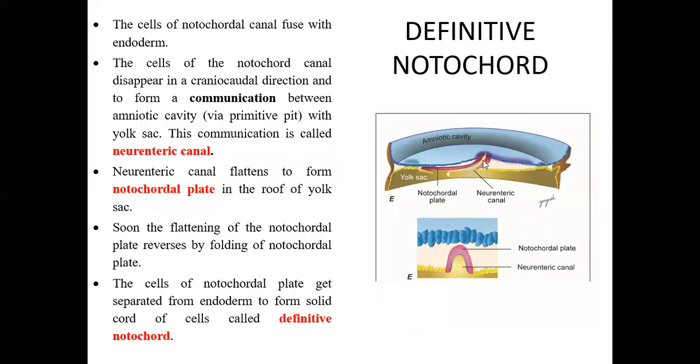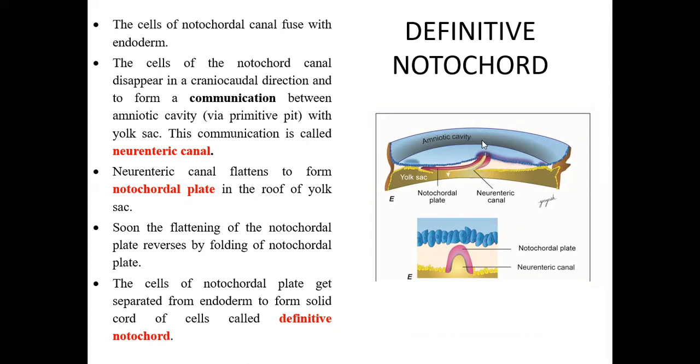Now the cells of the notochordal canal, that is the lower part of the cells, will fuse with the definitive endoderm. They will convert this notochordal canal into a neuroenteric canal. So the cells of the notochordal canal will disappear in the craniocaudal direction to form a communication between the amniotic cavity, via the primitive pit, and the yolk sac.